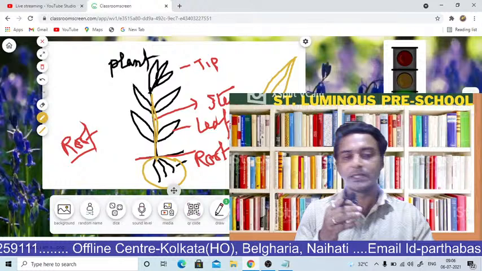Next, types of plants. Today I am going to discuss the types of plants. Look everybody, the types of plants.